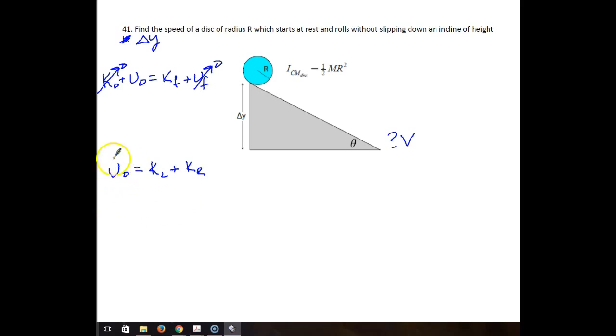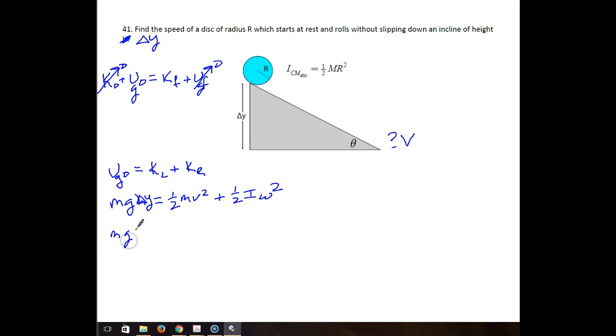Let's put equations in for these. Remember, the potential energy due to gravity is just mgh, so we can put U_g here. That's equal to mg times the change in height, so let's put in the change in y, since that's what we have here. And that's equal to 1/2 mv squared plus 1/2 I omega squared.